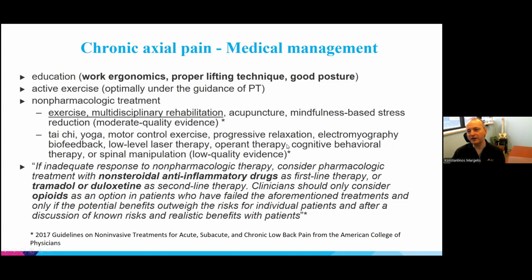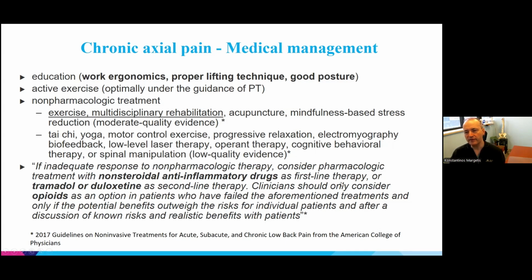For these other types of treatments, again, for most of them, I'm not against them, but I usually don't initiate that referral, and I don't usually put the patients in a position to pay out of pocket, because some of these treatments need to be paid for out of pocket. I'm not convinced that the value is there, but if they want to give it a try, that's fine with me. Now, if the non-pharmacologic therapy is not effective, then we can proceed with pharmacological treatment.